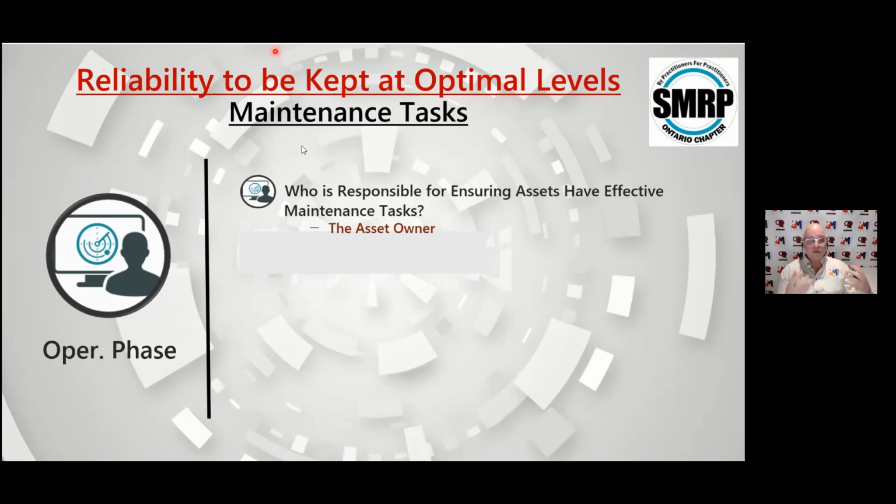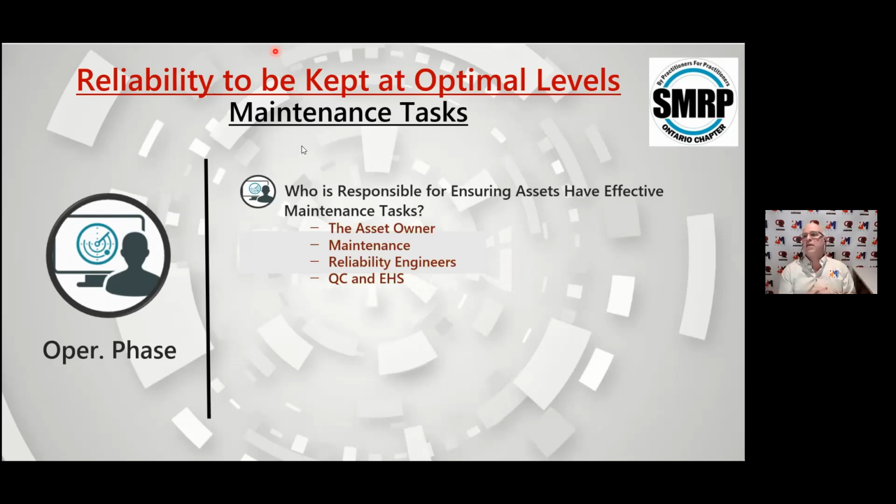And that person must be actively involved in the process of finding the proper maintenance task for his or her assets. So again, a multidisciplinary team with process people, maintenance people, reliability engineers, QC, and EHS must work together to develop those plans.